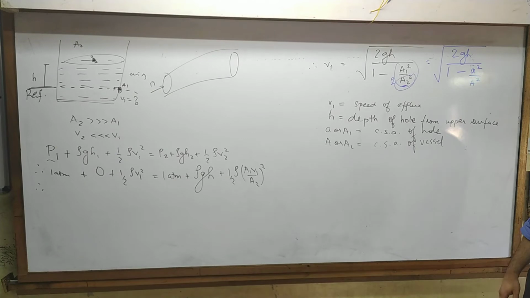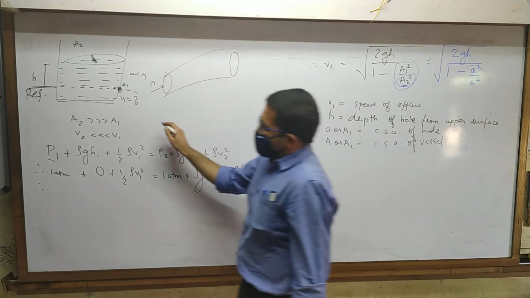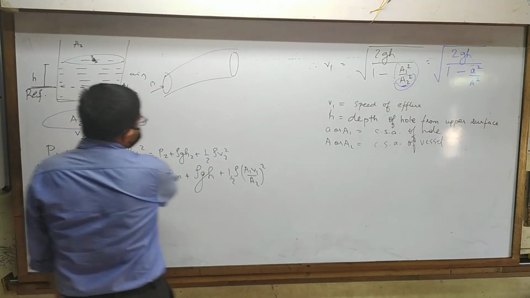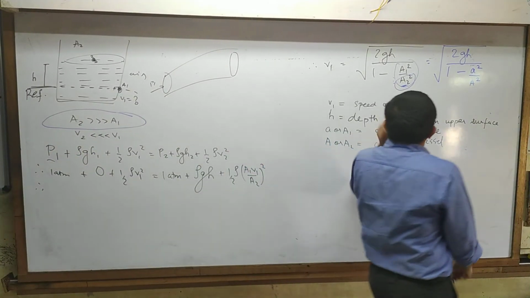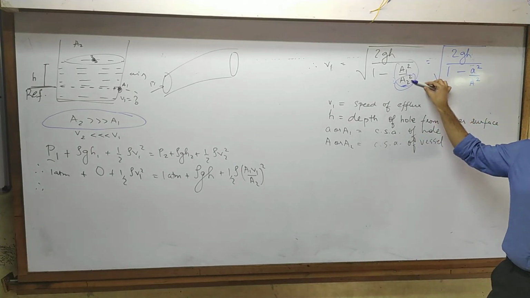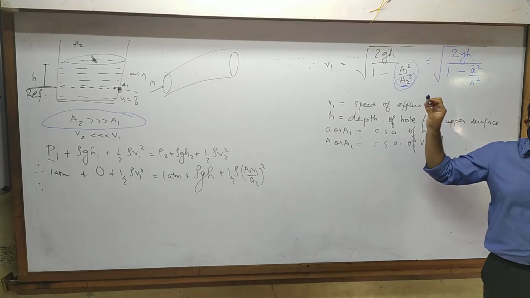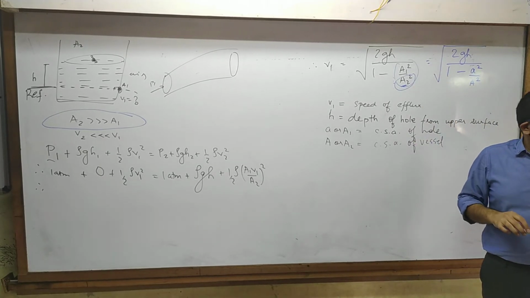Now there is one minor special case which is very easy for everyone to understand. If I am going to use it here, A1 is very small compared to A2. Whenever you divide a very small number by a large number, what do you get? Nearly 0. Yes or no?